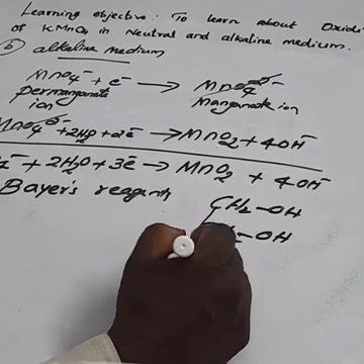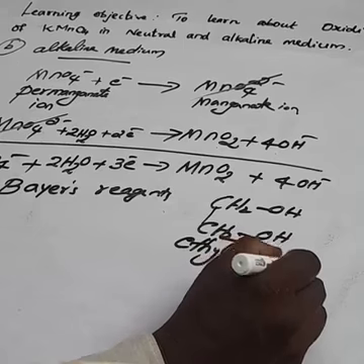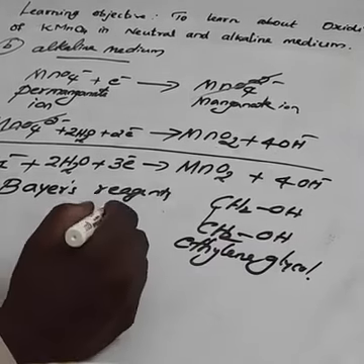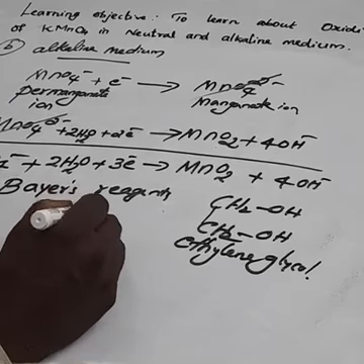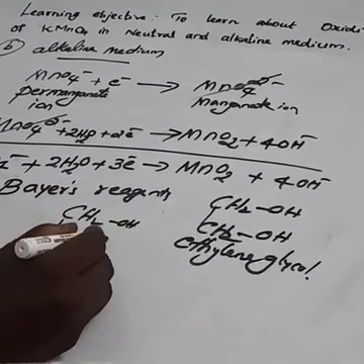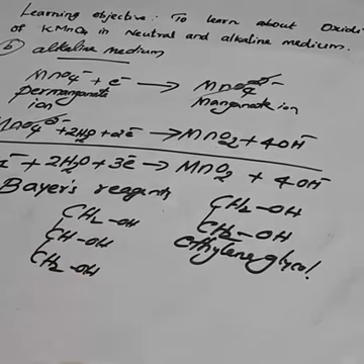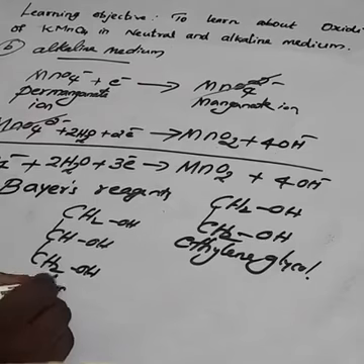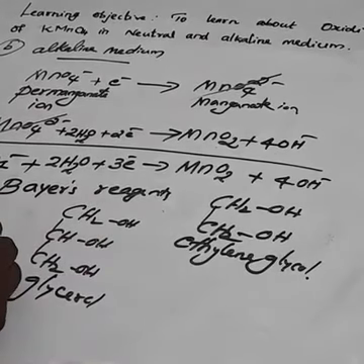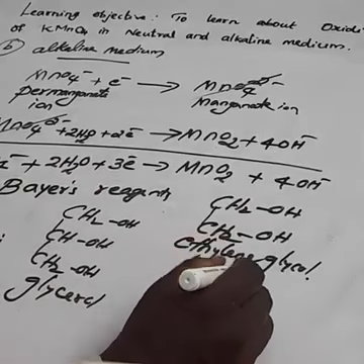Triols, we say glycerol, CH2OH, CHOH, CH2OH. Clear? Glycerol, we say triol. Three OH. This is diol.